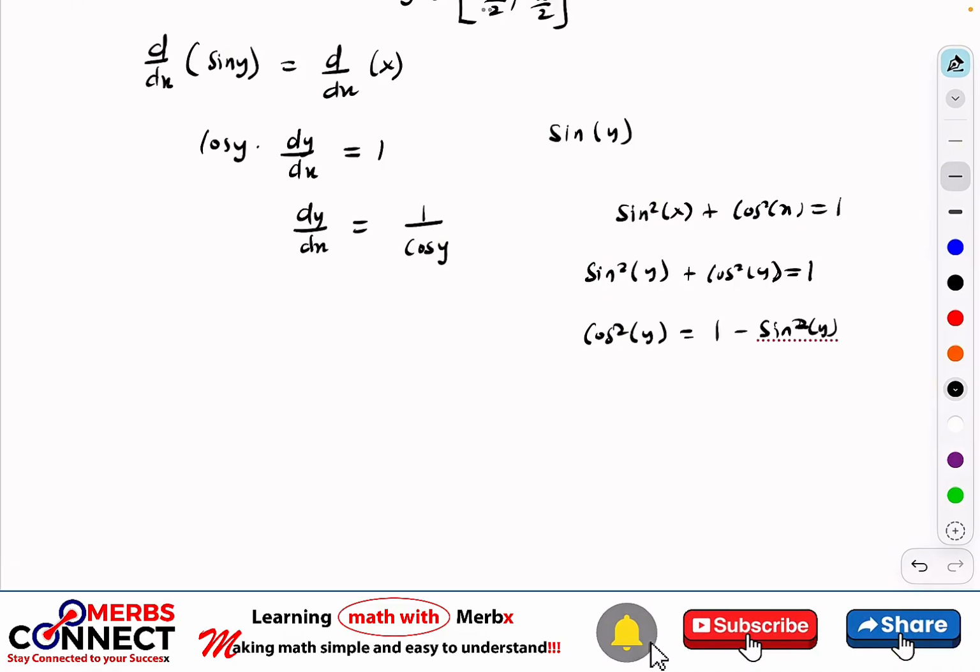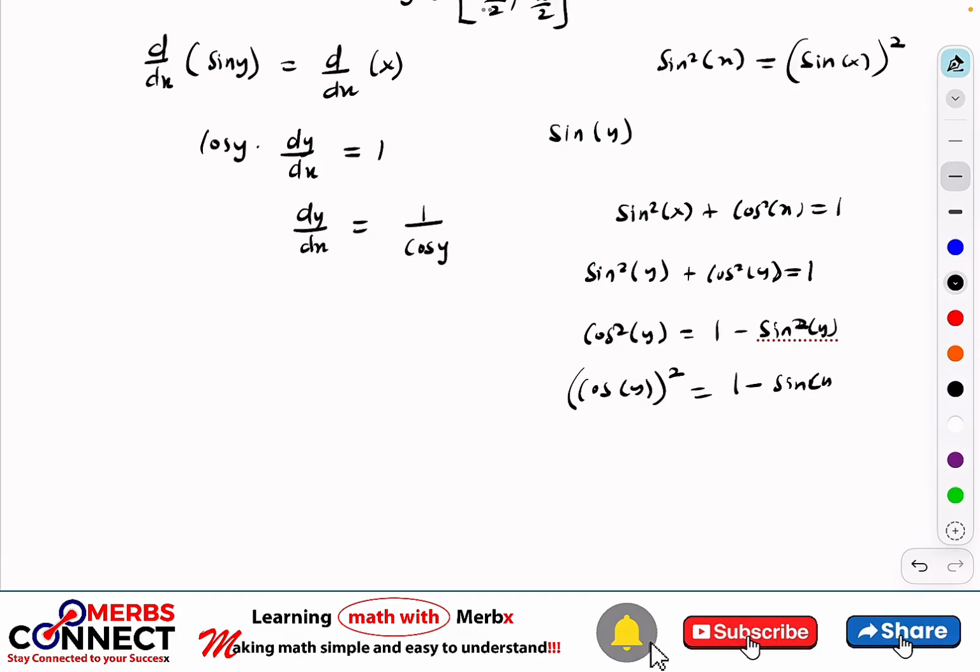Now, don't forget that if I have something like sine squared of x, this is the same as writing sine of x all squared. Great. So now I can write this as cos of y all squared, which is equal to 1 minus sine of y all squared.